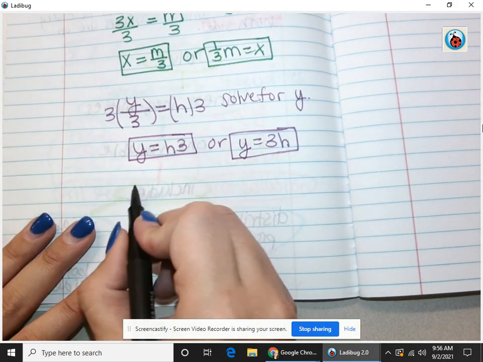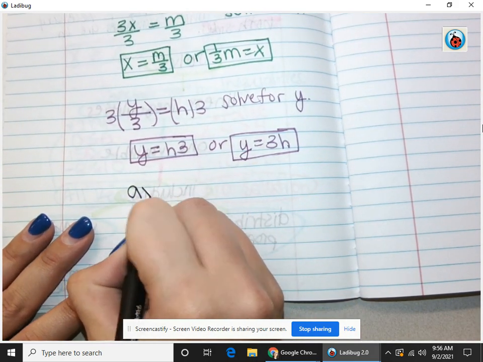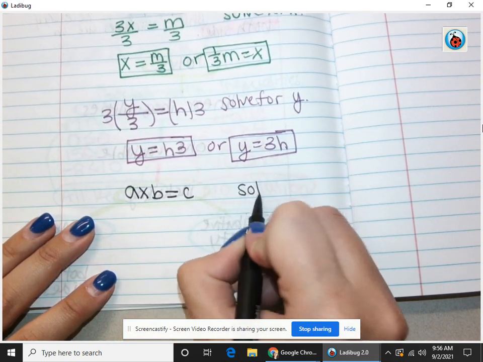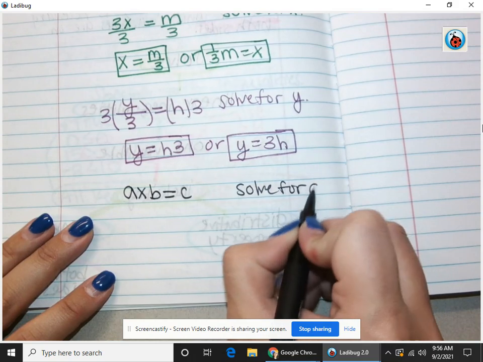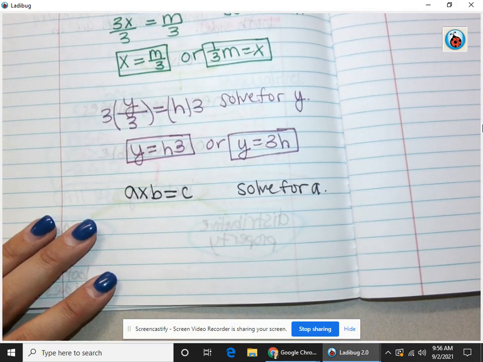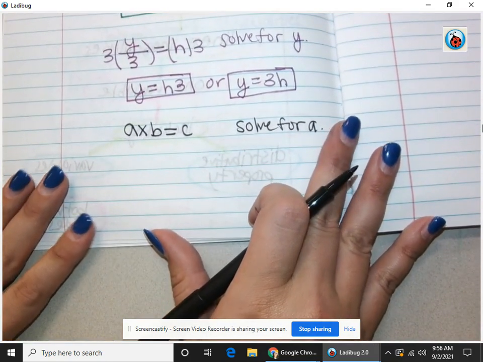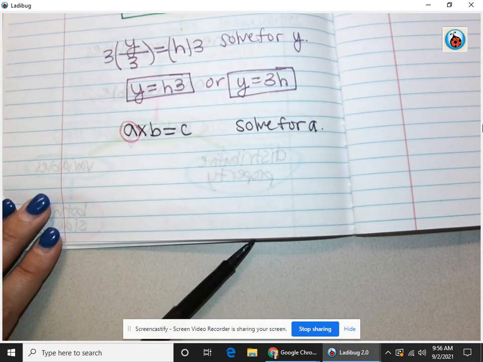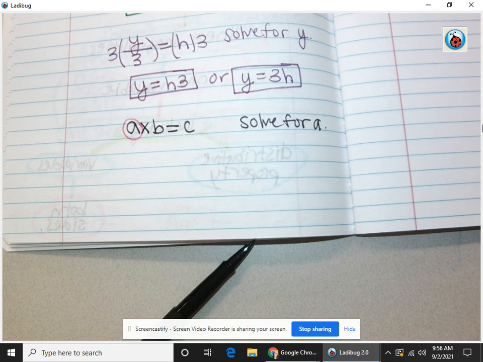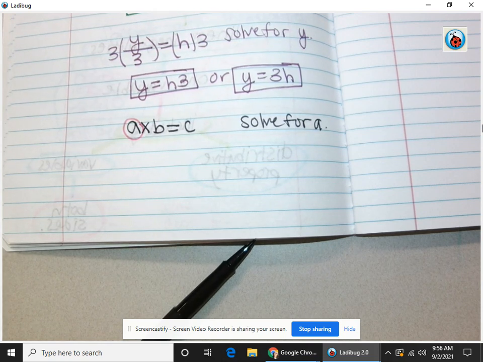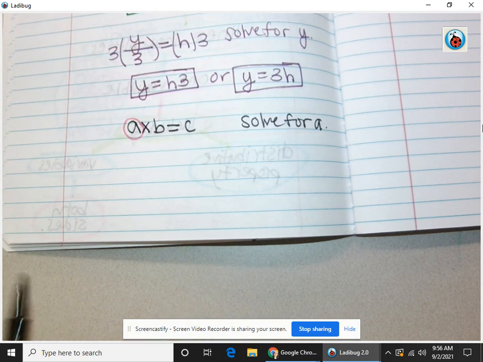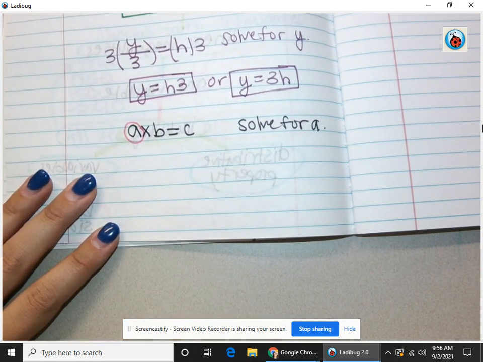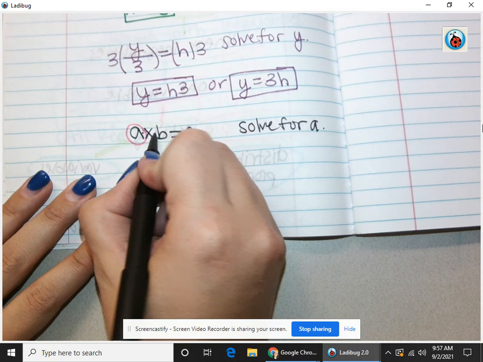Okay, so let's look at the last problem. I've got AXB equals C. Solve for A. What is going on between the A, the X, and the B? They're all being multiplied together.